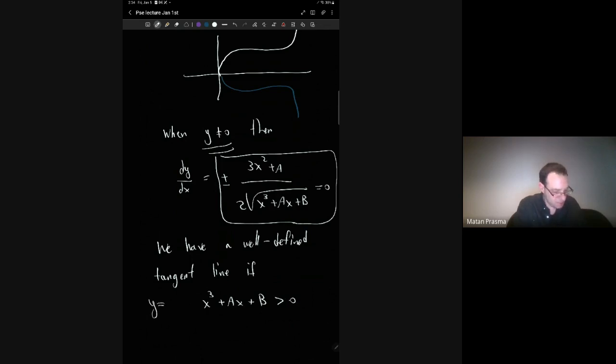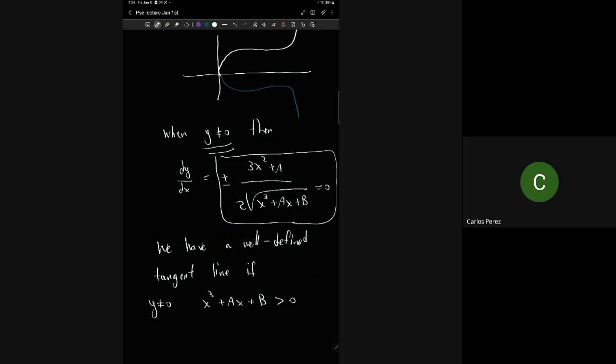Yes. Do we need any quadratic residue properties? Like, how can we be sure that the square root of this number exists within the field?